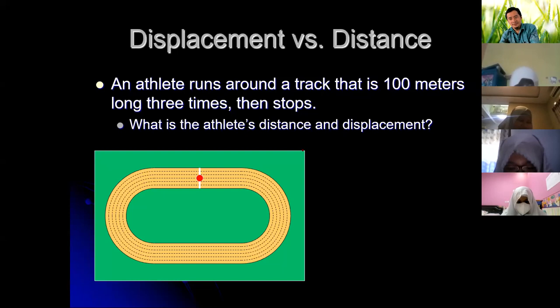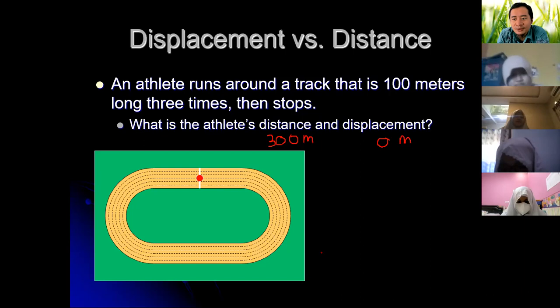Sarah, yes, please. The distance is 300 meters. Okay, 300 meters, and then the displacement is 0 meters. Okay, thank you, Mbak Sarah Diana. Maybe anyone else wants to answer these questions?